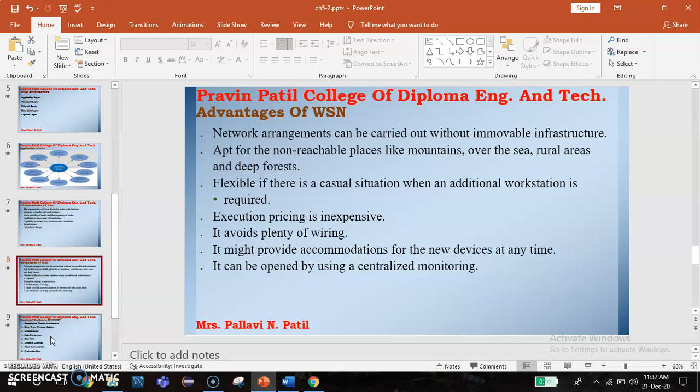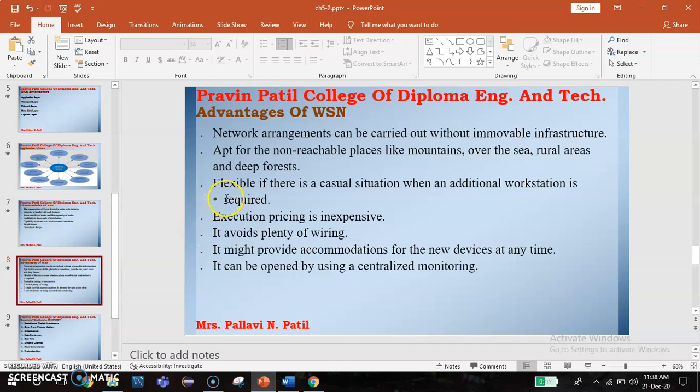The first advantage is that network arrangement can be carried out without involving infrastructure, apart from non-reachable places like mountains, over the sea, rural areas, and deep forests. It is flexible if there is a casual situation when an additional workstation is required.